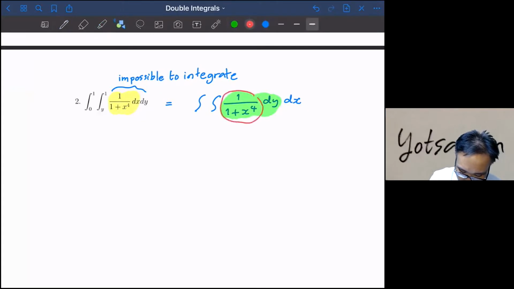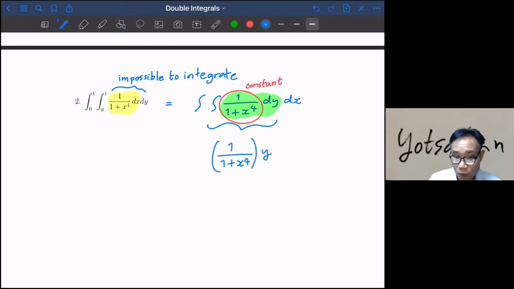So you're going to be able to integrate this guy. It's going to be 1 over 1 plus x to the fourth times y, and you have dy, like before.